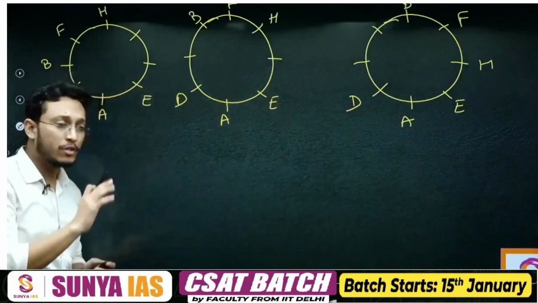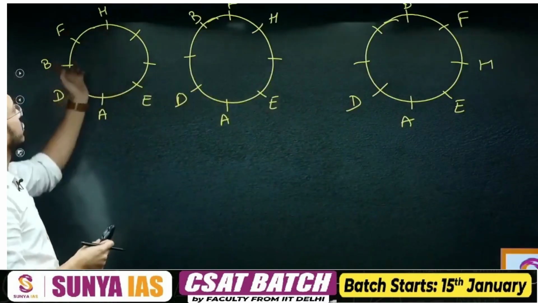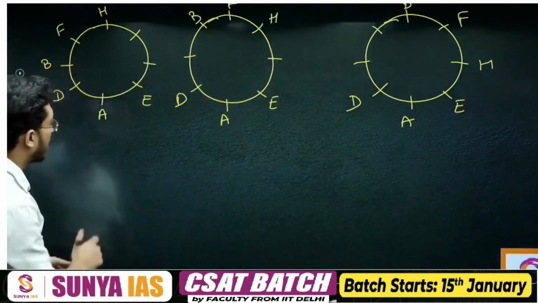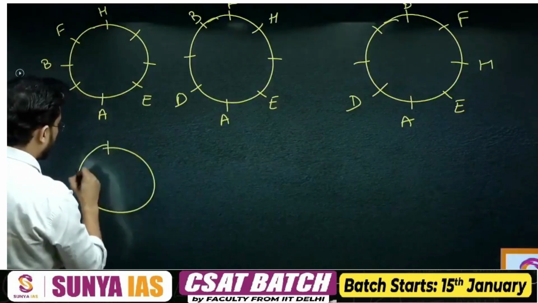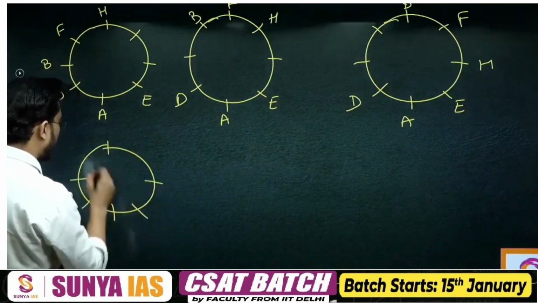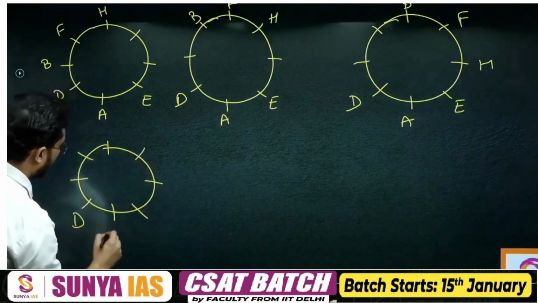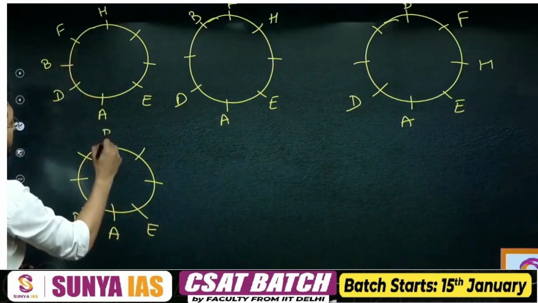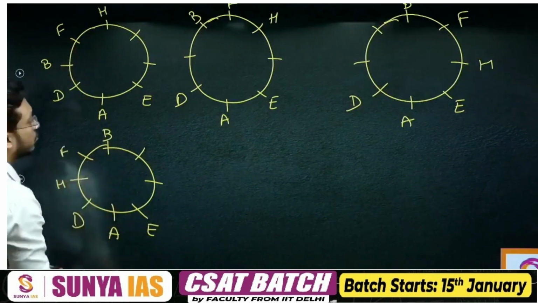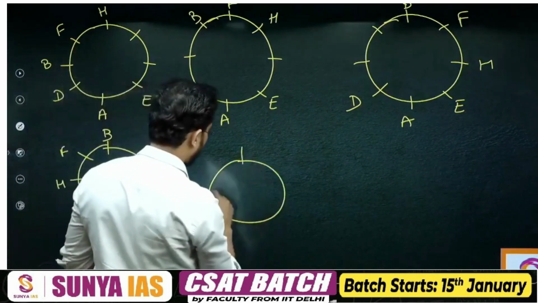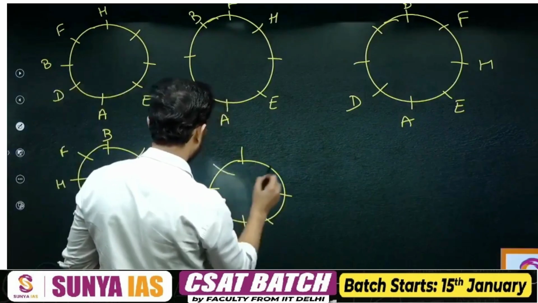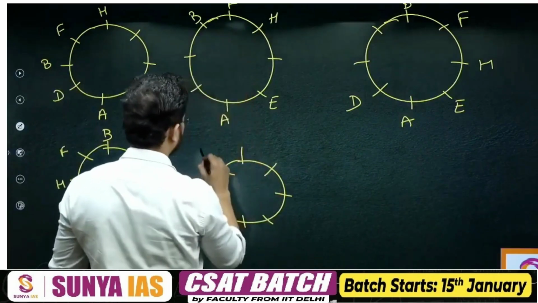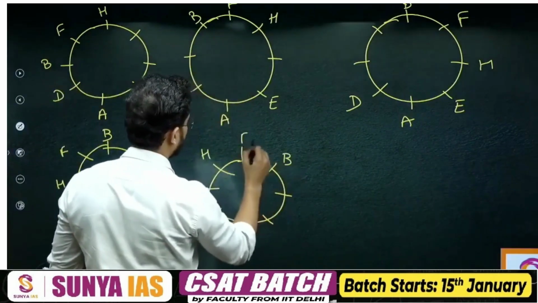अभी I can reverse it also कि H और B अपनी positions change कर ले. We can make certain cases like this also. तो इस क्वेश्चन में you can make various cases and accordingly you will have to answer. So if I interchange B and H, it could be like this also.